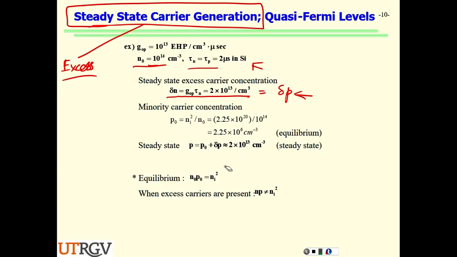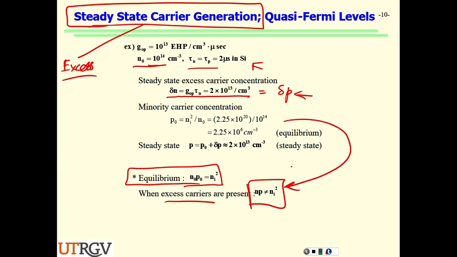minority carrier concentration. So at equilibrium, we use this, but when you have excess carriers, this relation cannot be used there. This can be used only to find equilibrium, but you have to find this separately, and you have to add this into what you would find at equilibrium. I want you to know what I'm talking about, because it's a very important distinction. When you have excess charge carriers, you cannot use the value of the charge carriers due to generation.